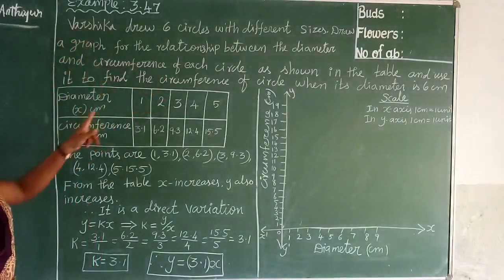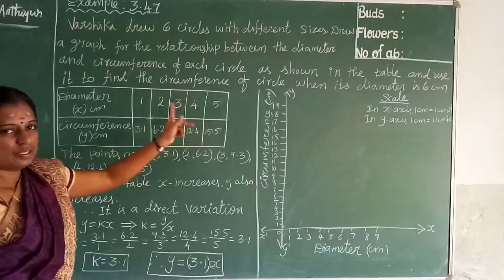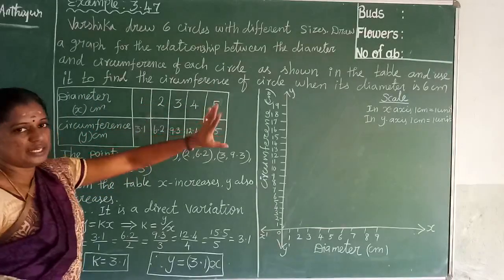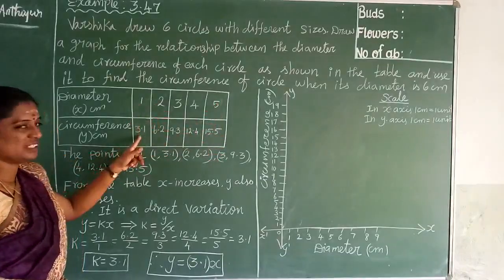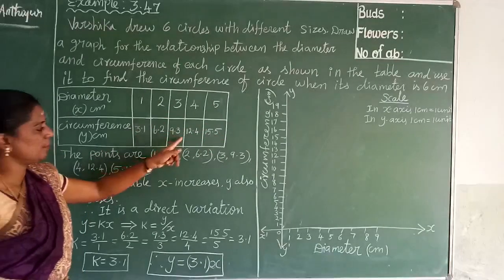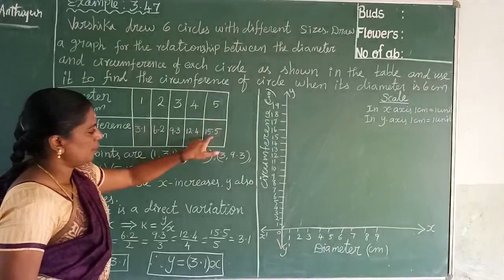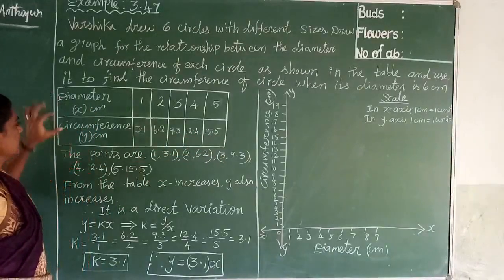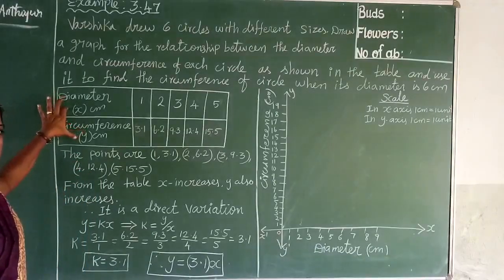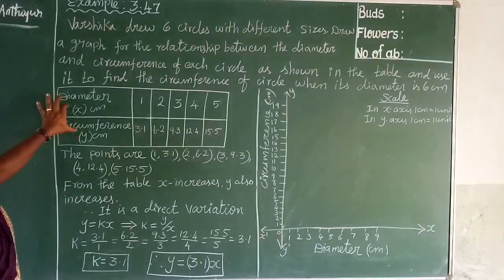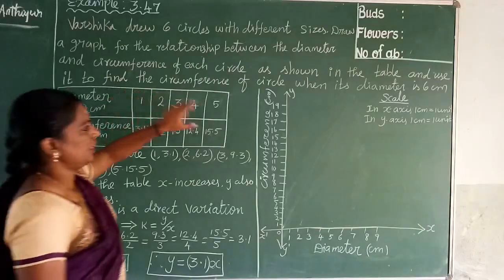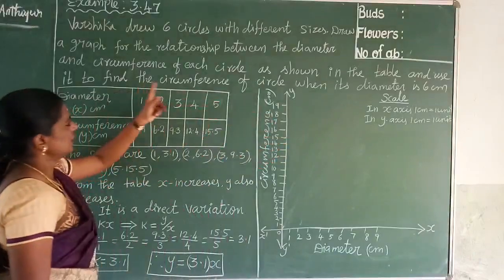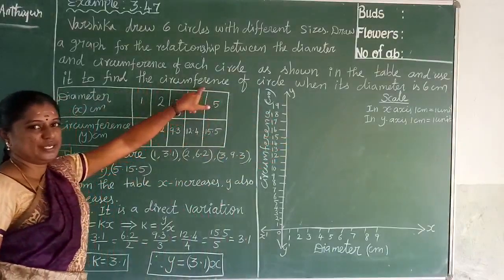The diameter is 1, 2, 3, 4 like that, and the circumference is 3.1, 6.2, 9.3, 12.4, 15.5 like that. Using this, you want to find the circumference of the circle with diameter 6 cm.